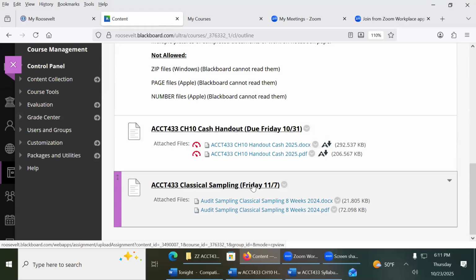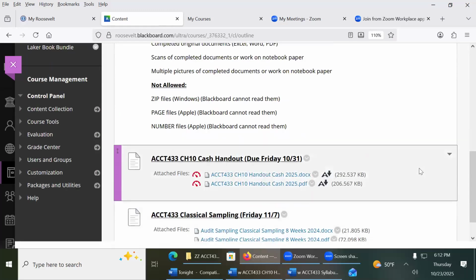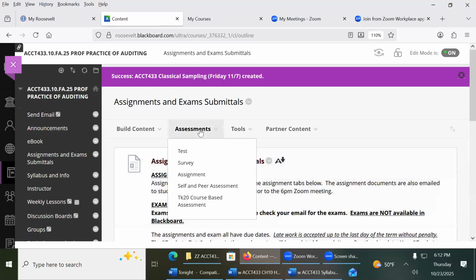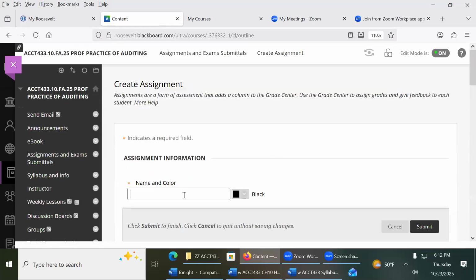And again, the only ones that don't show up there are going to be the ones that, well, I'll show you what we'll do that too. How about that? We're going to get all this done. Chapter 10 exam.